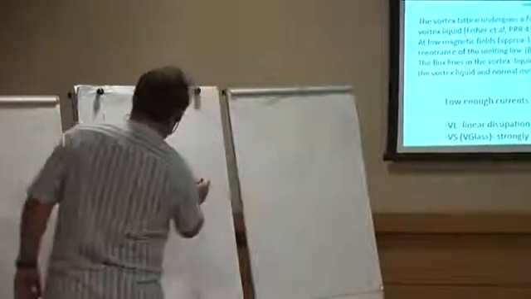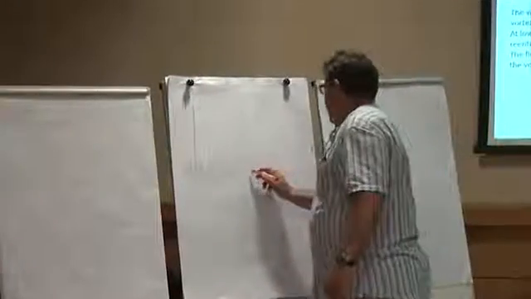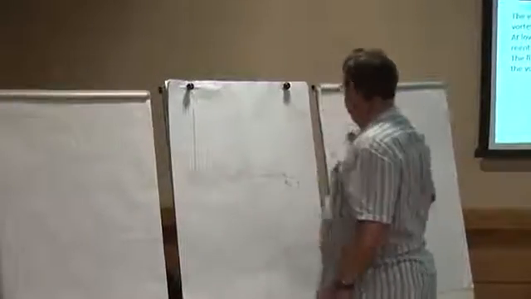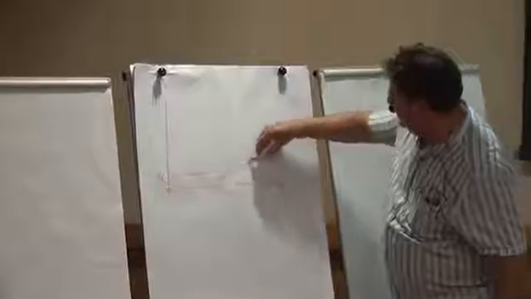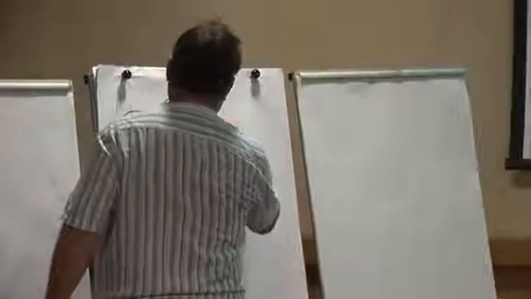So what we have here: up to Hc1 we have the Meissner state, and from here, this is vortex liquid and this is vortex solid. I explained to you yesterday what solid means and what liquid means.